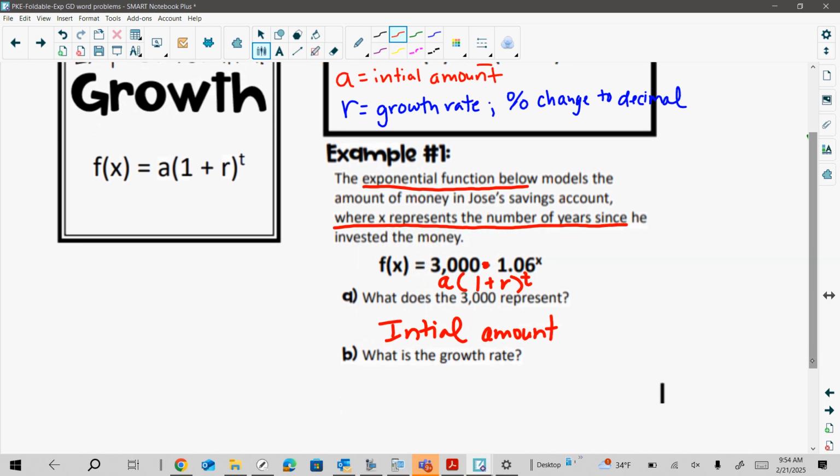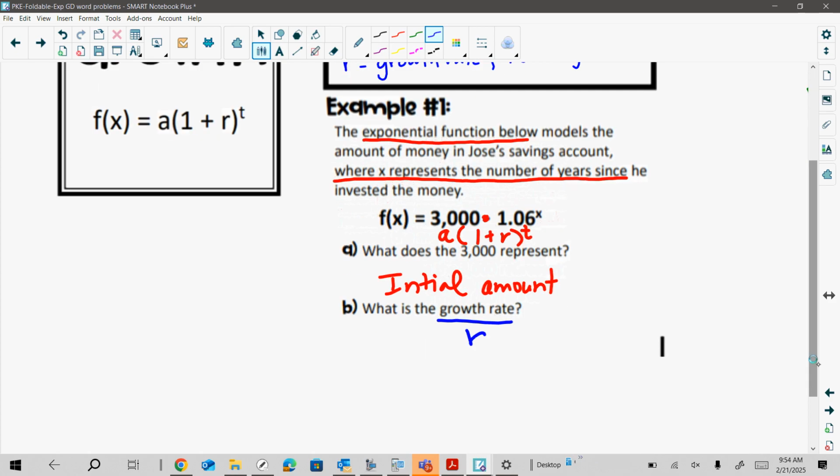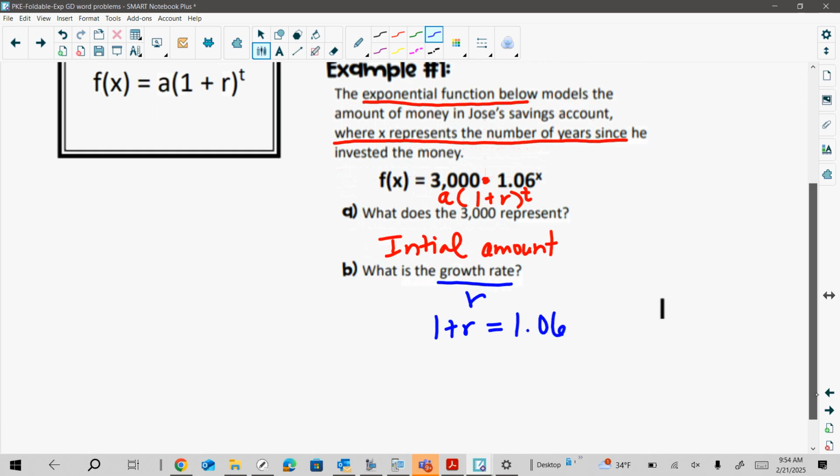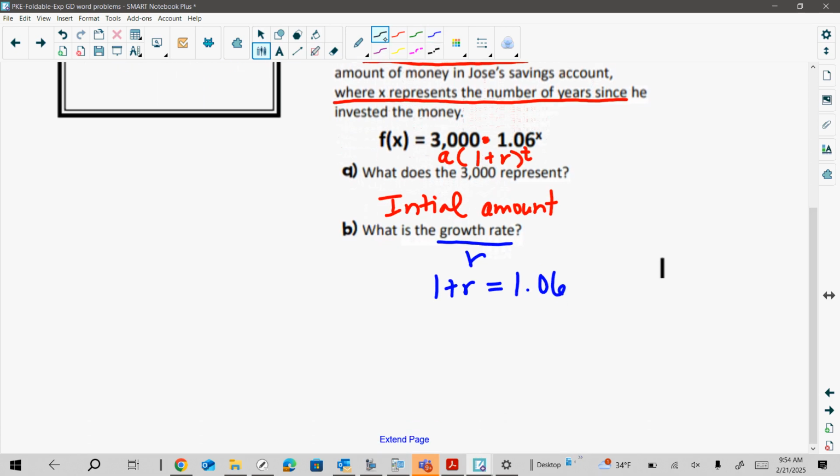To find the growth rate, meaning the r, I have to take this base that the exponent x is with. So our growth rate has the formula 1 plus r equals 1.06, that base. And we're just going to solve for r. To do that, you just subtract 1. So the r, the rate, is 0.06.